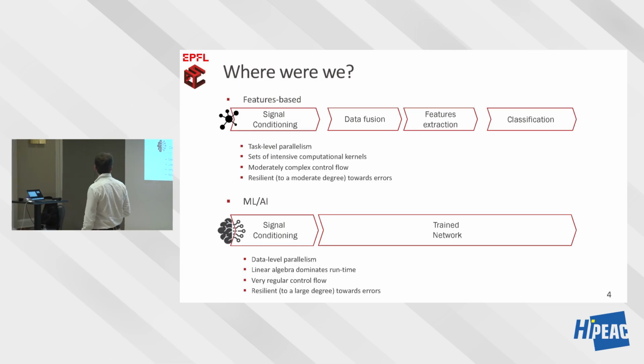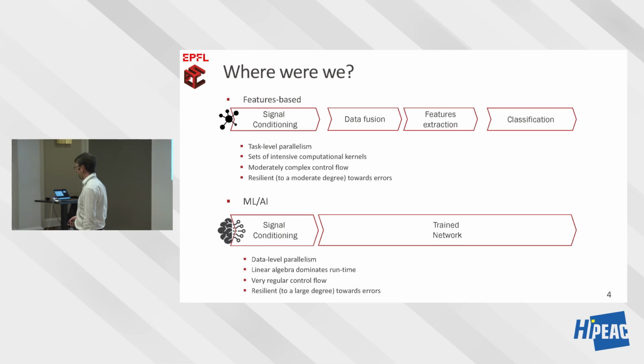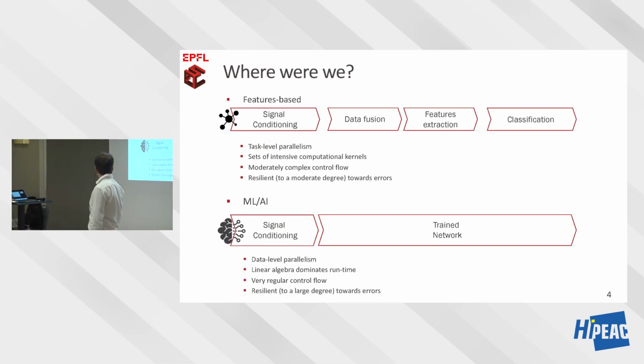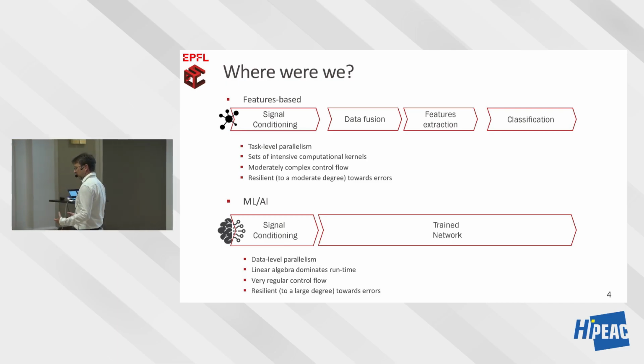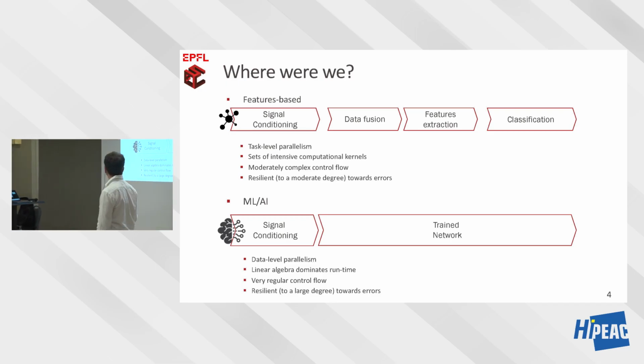In the machine learning case, we have a huge amount of data-level parallelism, linear algebra, which very largely dominates runtime, so we had better accelerate for that. We have very regular control flow, or none at all, so we may have a structure in hardware which is very light from a control perspective in order to maximize data intensity.